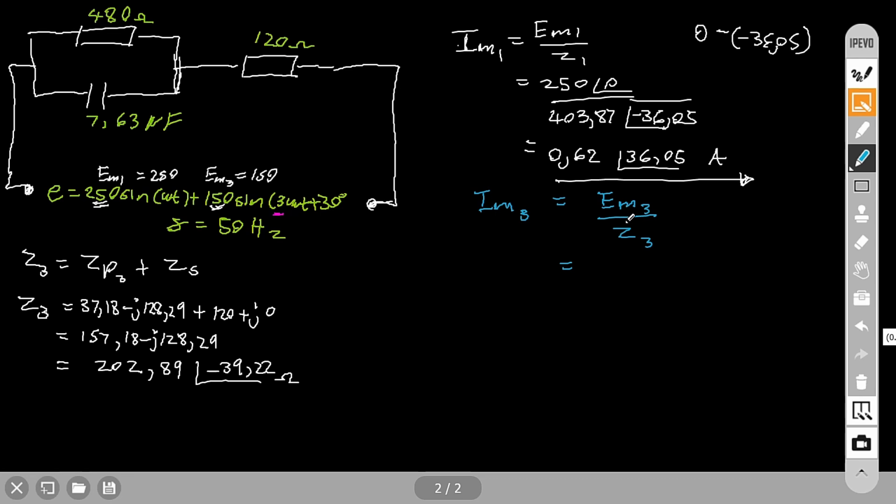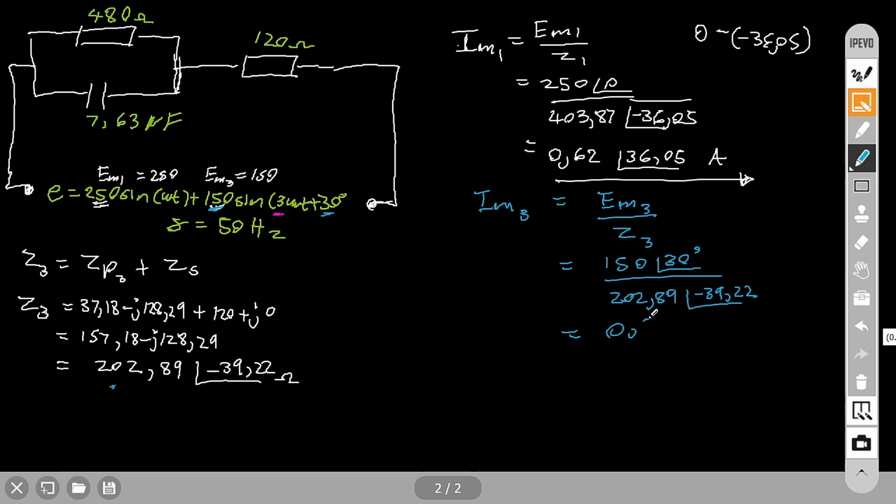So if we want your IM3, it's this one. It's 150. And then the angle, guys, in this case it's not 0. You have it, it's 30. So this is 30 degrees all over 202.89 at an angle of negative 39.22. So now you just have to divide.